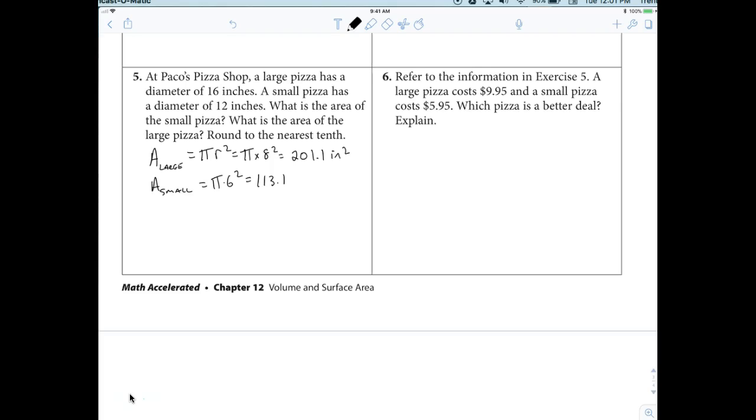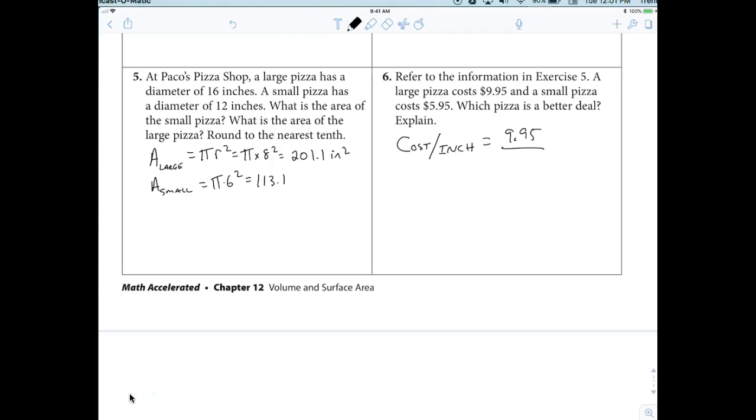Did everybody hear me? The cost per square inch. So what is the cost of the large pizza again? So the cost per inch would be $9.95 divided by what? 201.